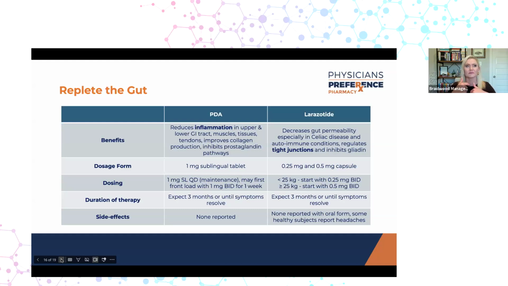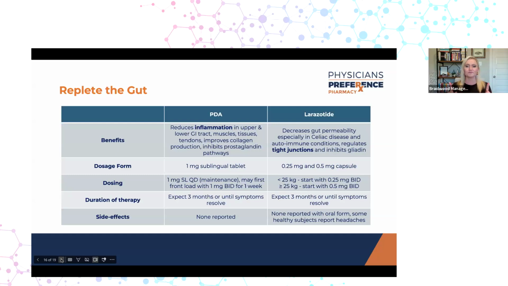The body's very smart. It goes, boom, tags it as a food allergy. And so now you have a food allergy and people wonder why, when they go for a food allergy test, everything that they eat shows up positive, because their gut is leaking. So let's heal that. But again, let's control the inflammation first and then address the tight junctions.